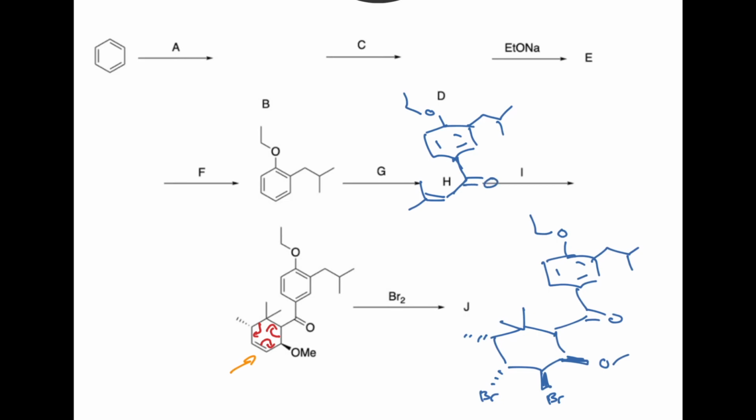Our dienophile. And then my methoxy group and my methyl group in the product are on opposite sides. So on the diene, they need to be on opposite sides, which means one needs to be outside and one needs to be inside.